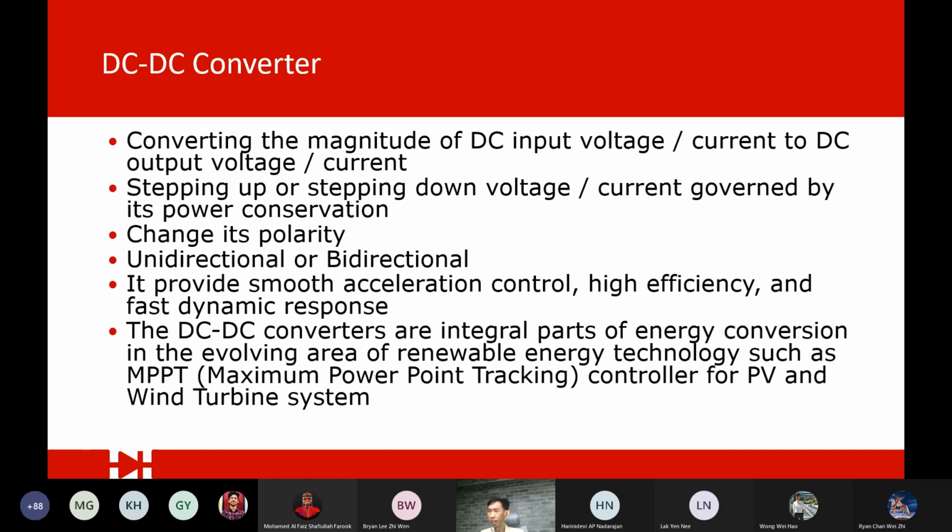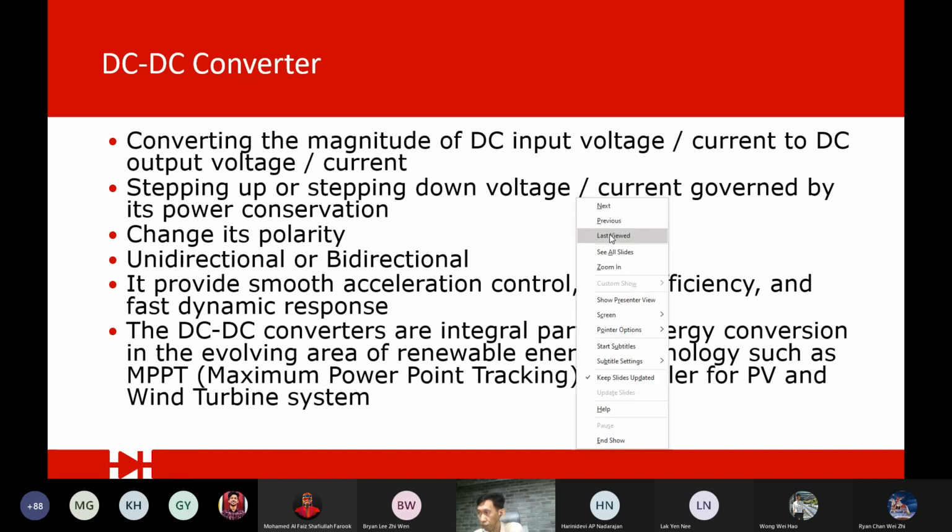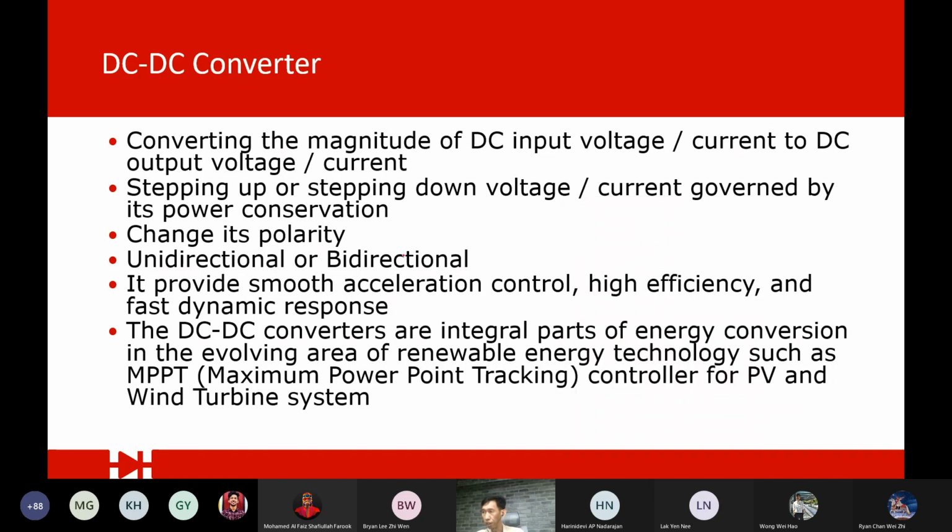Then we also have unidirectional, one direction, and bidirectional, two directions.